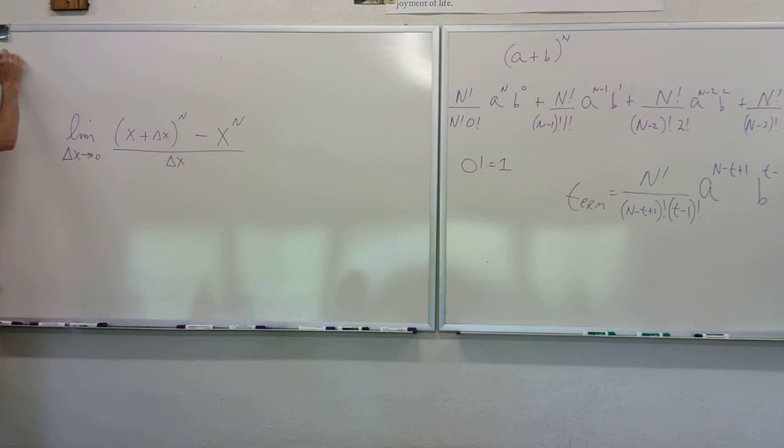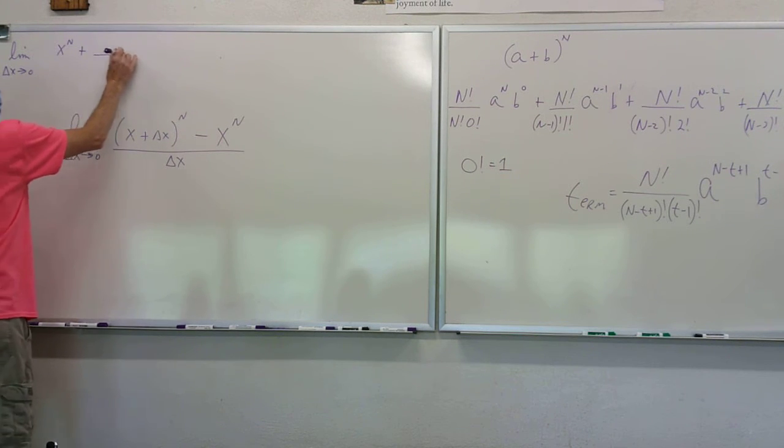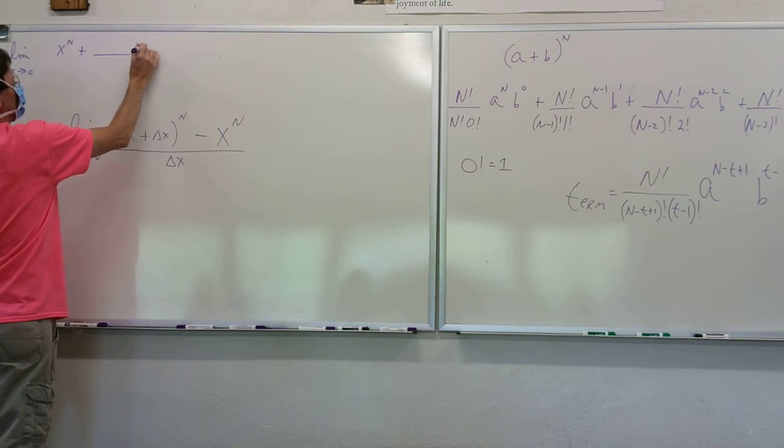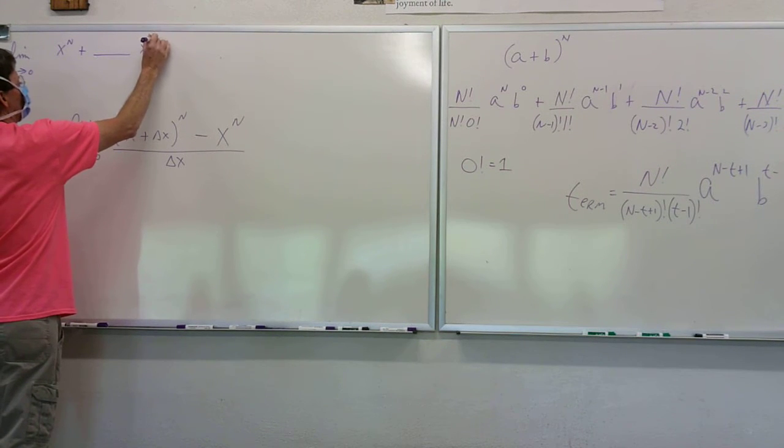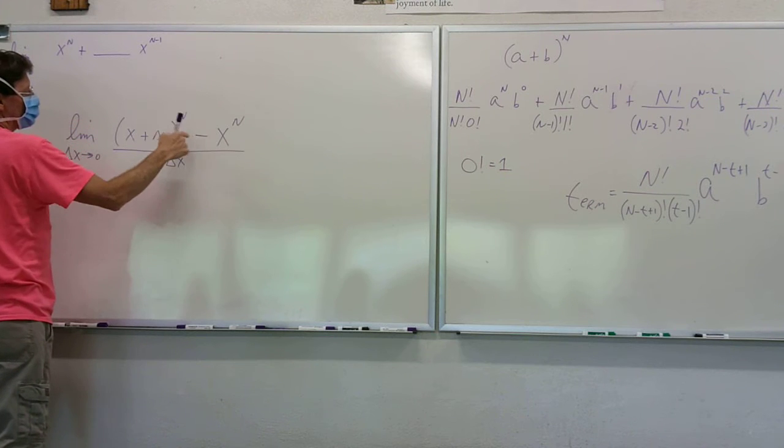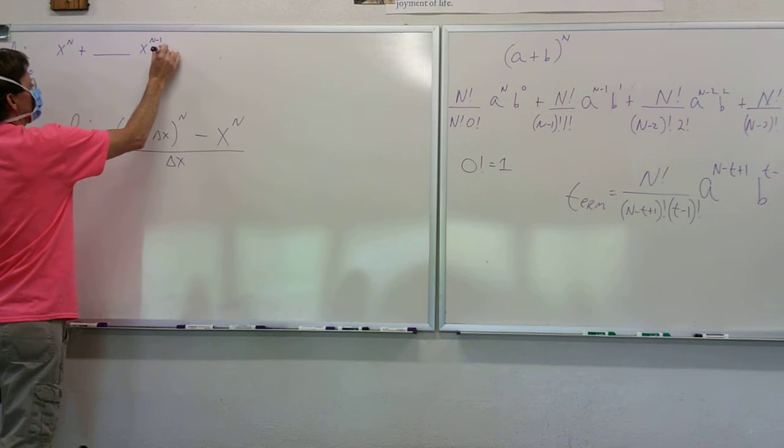Limit as delta x approaches 0. The first term is going to be x to the n plus x to the n minus 1 times delta x to the first.